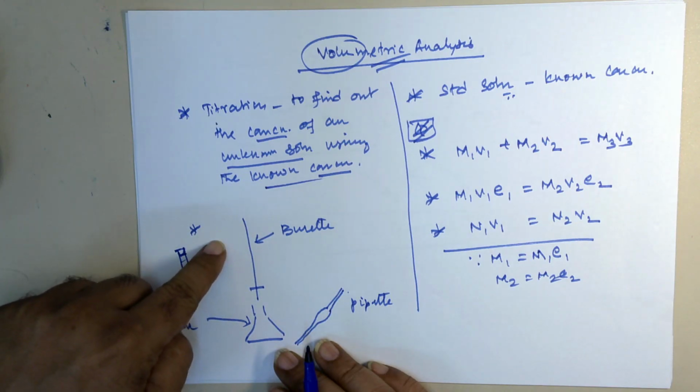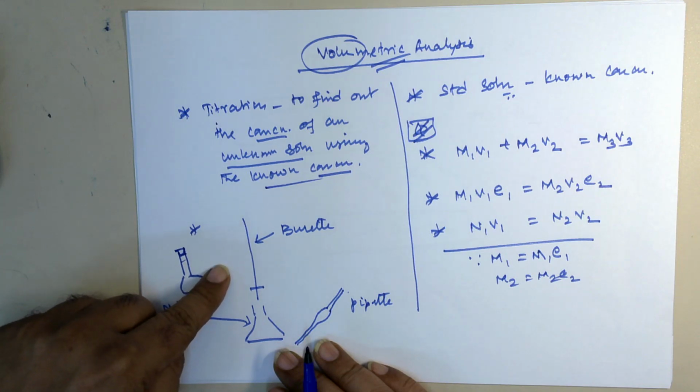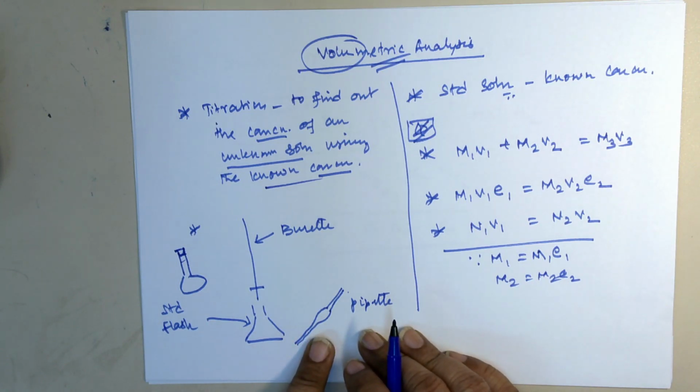That is, it involves an oxidizing agent and a reducing agent. What is the oxidizing agent? We have taken KMnO4 as the oxidizing agent, which is in the burette. And with the pipette, we take 20 ml of known solution of oxalic acid and drain it here, then put some sulfuric acid, and you can also heat it.